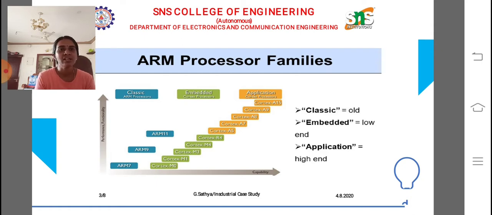If we use a single core, we are using the ARM7, ARM9 and ARM11 series. If we are using multiple cores, for example a dual core processor, we are using the Cortex series. For higher end applications, we are using Cortex A and Cortex R, because Cortex R stands for real time application processing.